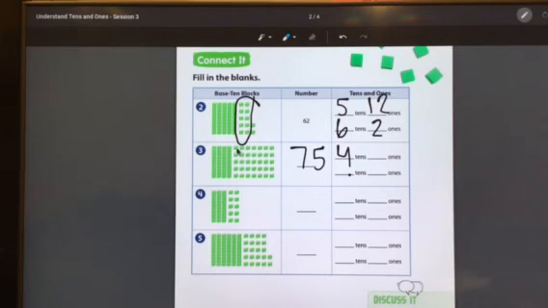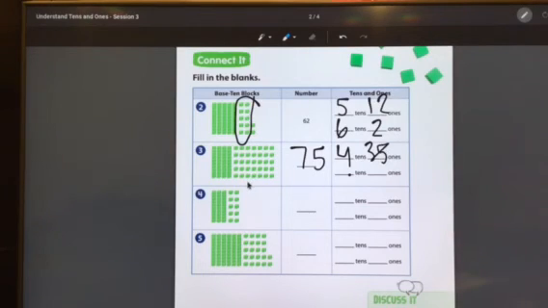And how many ones? 1, 2, 3, 4, 5, up to 35. There's 4 tens and 35 ones. Sorry, that is a 5 right there.